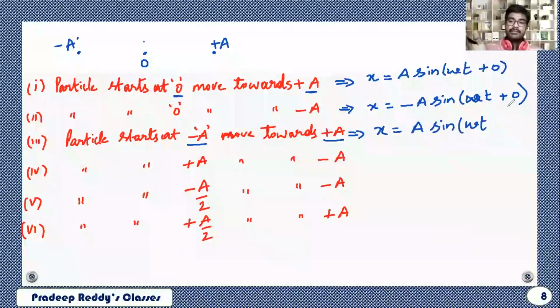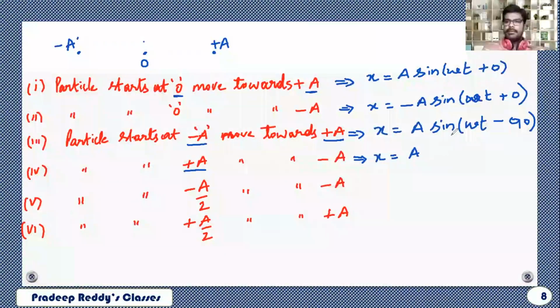As it is starting from negative x-axis, you need to write it as minus 90. Right? Next, the particle is starting at plus A and it is going towards minus A. That means it is starting at the right side extreme position and it is going left side. In that case, you can write it as x is equal to A.